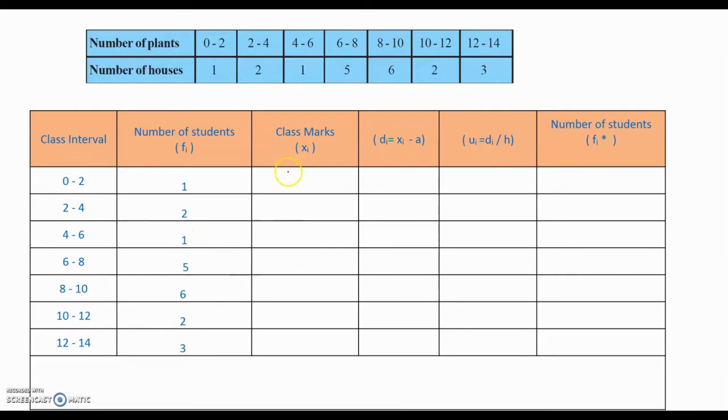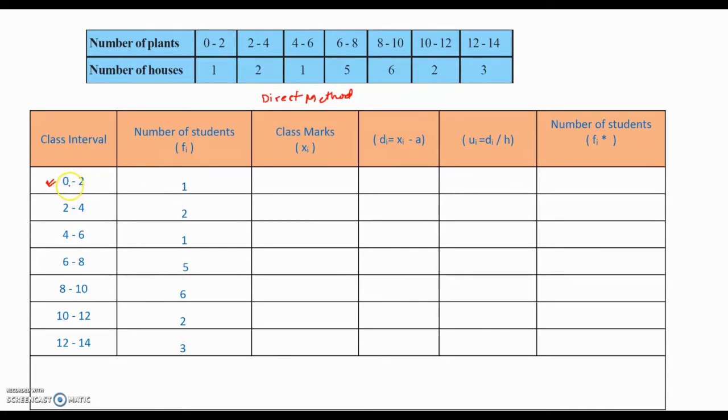Now let's find out the mean. The first method was the direct method, so let us see if we can find out using direct method easily. Okay, the class interval is given, so class marks you can find out by finding out the midpoint of the class interval.